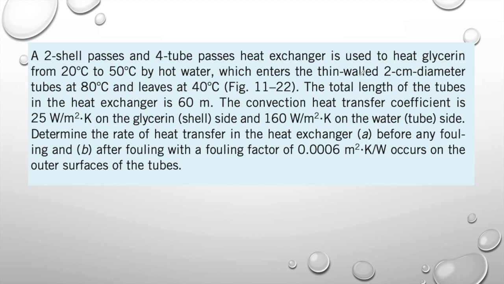Hot water will be in the tubes at 80 degrees Celsius, and leaves at 40 degrees Celsius. Okay, we have Th in and Th out, and also we have Tc in and Tc out.